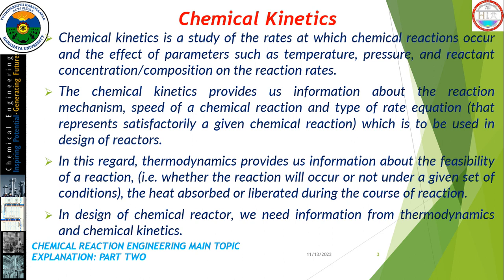Chemical kinetics provides information concerning the reaction mechanisms, the speed of the chemical reactions, and the type of rate equation: the rate equation for first order, second order, third order, or nth order reactions, in other words, rate equations directly dependent on the classification of the chemical reactions.